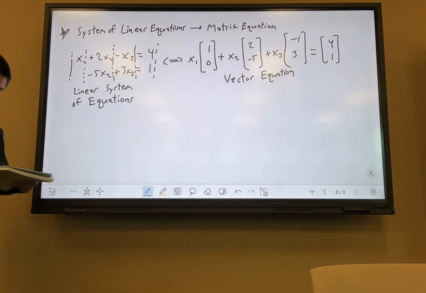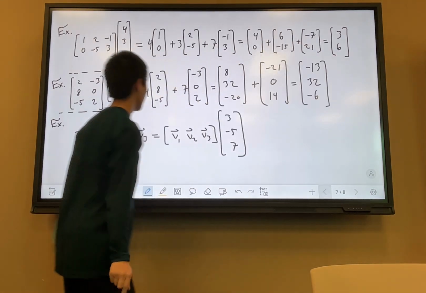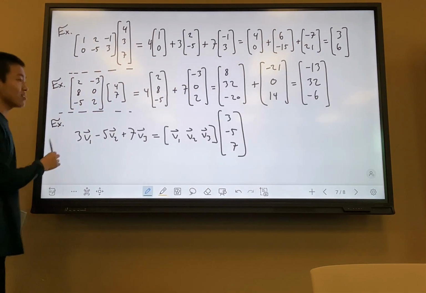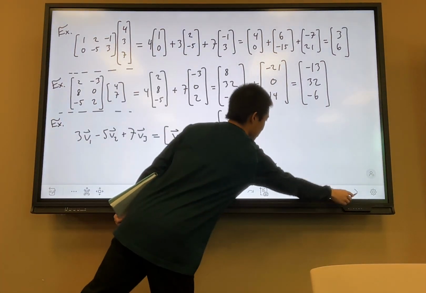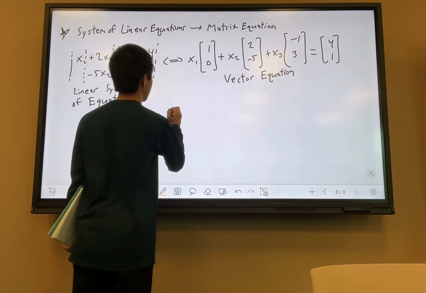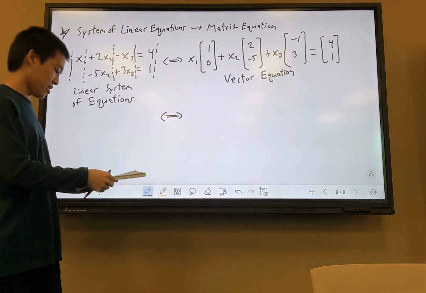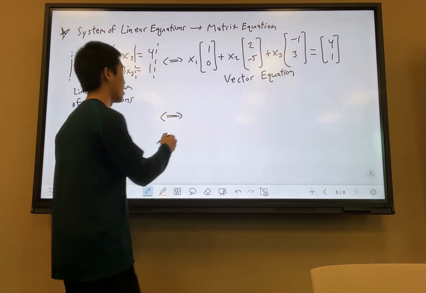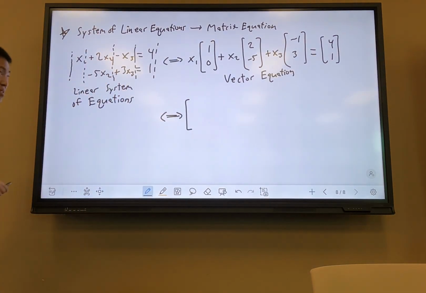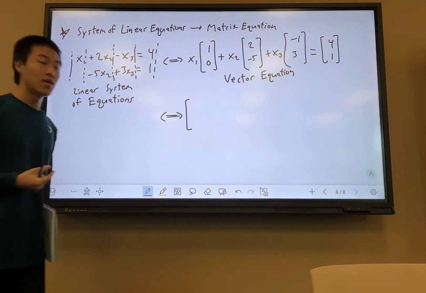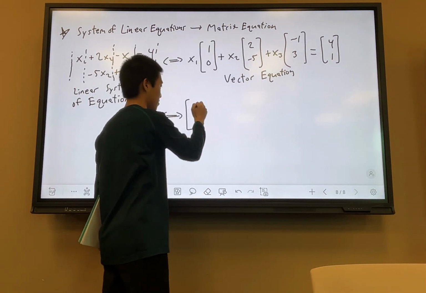Okay, so now from a vector equation, we just showed previously that I can write this as a matrix equation. So we're just going to do that again. I can write this instead as a matrix. The matrix A is comprised of putting together these column vectors. Here's the first column vector, 1, 0.